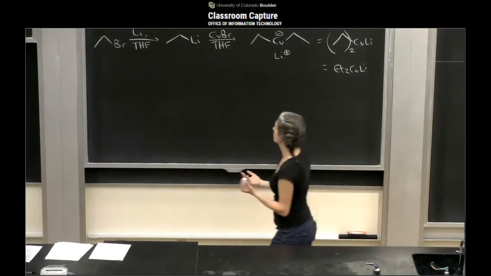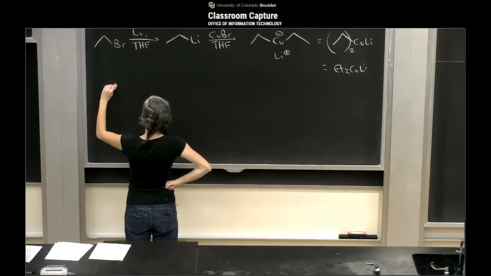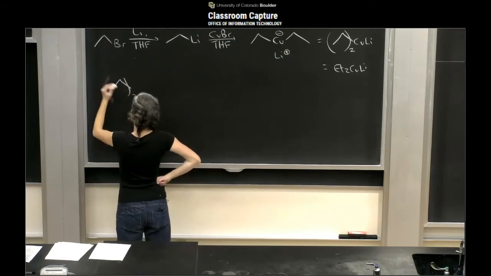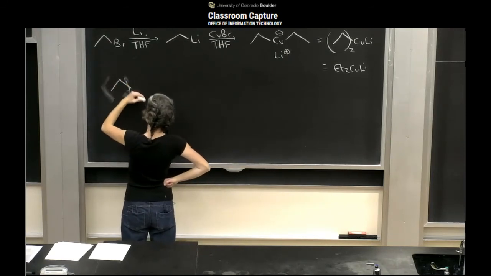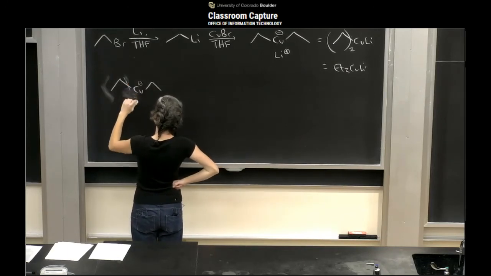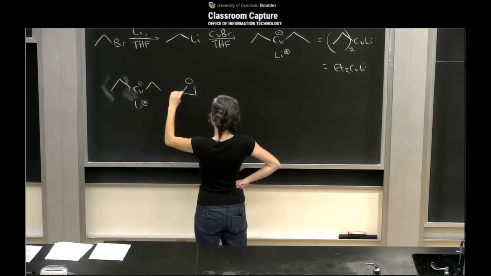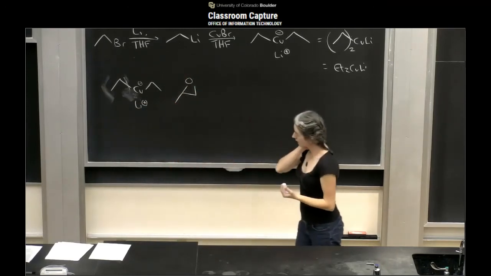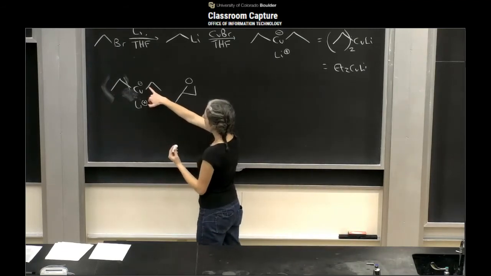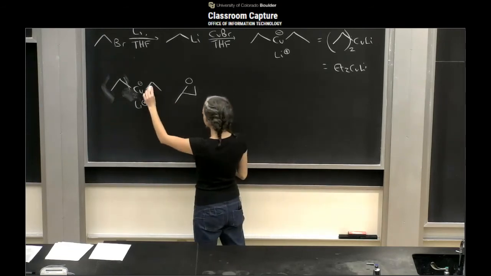Now we can react that with an epoxide. You know what? I'm actually going to draw out both groups explicitly for this one. Okay. So what's going to happen here is one of these R groups is going to go and attack the less substituted carbon of the epoxide.